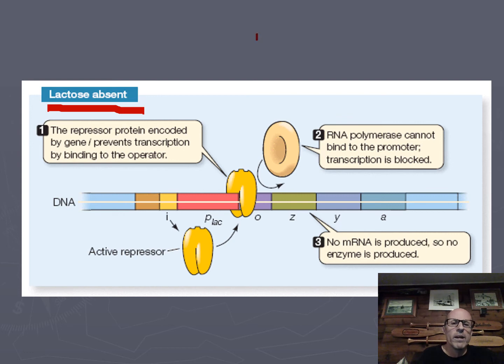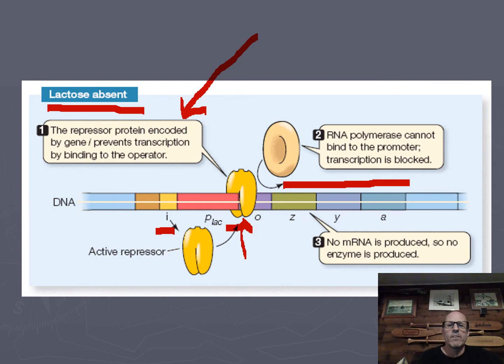Well, number 1, the repressor protein that gets produced from the lacI gene prevents transcription to occur because it actually binds to the operator region, which is just upstream of these 3 genes that code for the enzymes, and it blocks, ironically, RNA polymerase from reading along that DNA and transcribing those 3 very important genes.